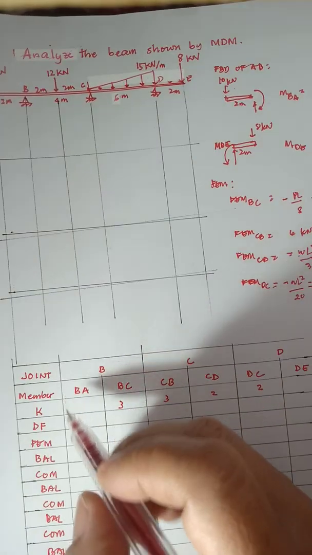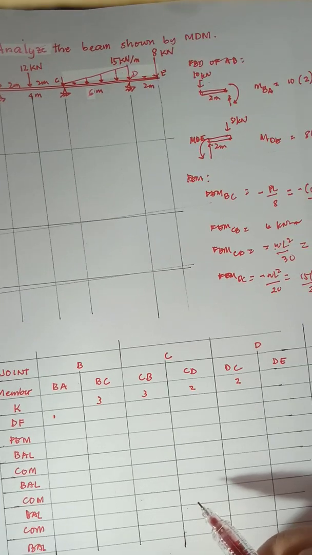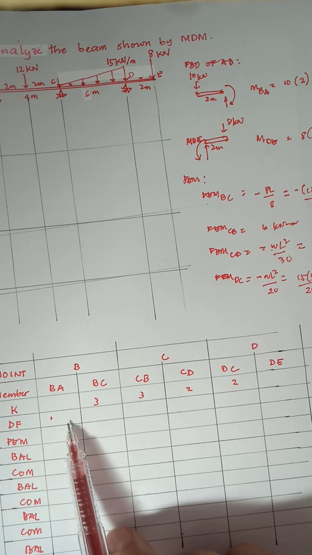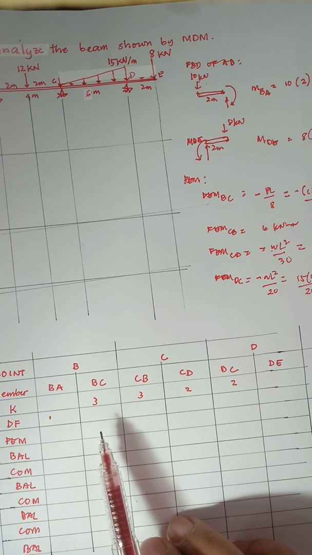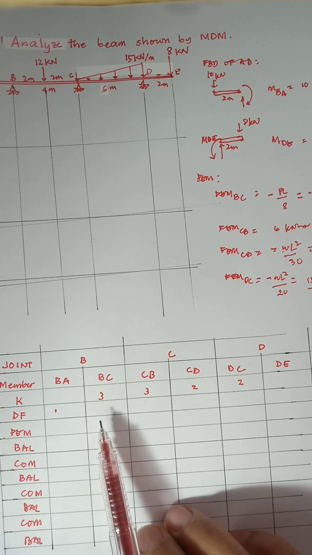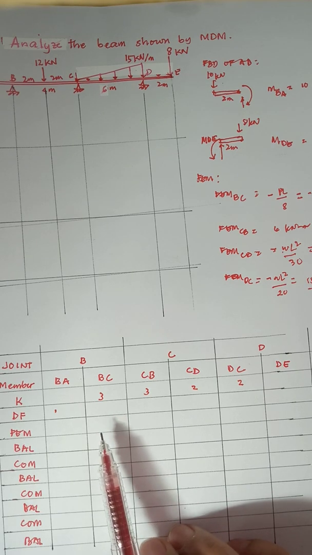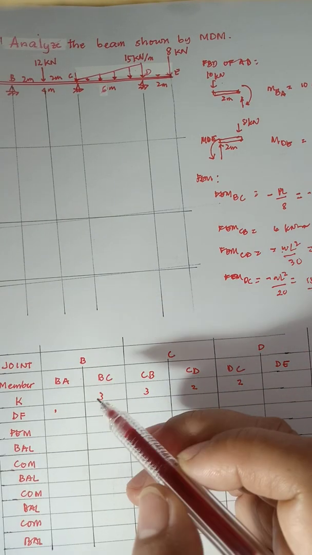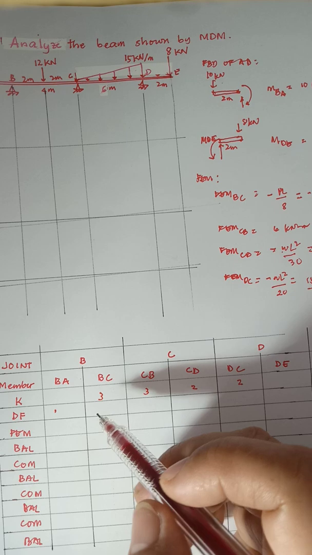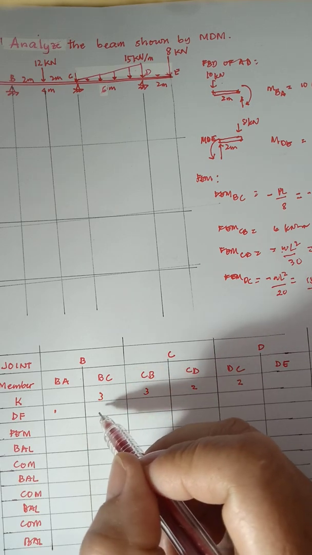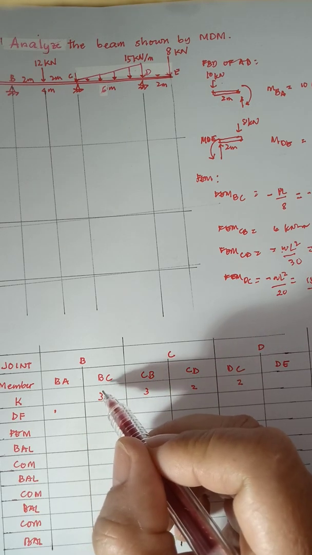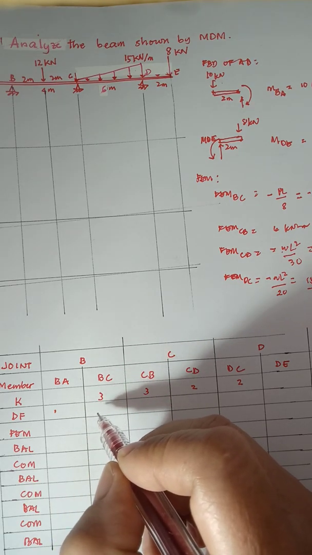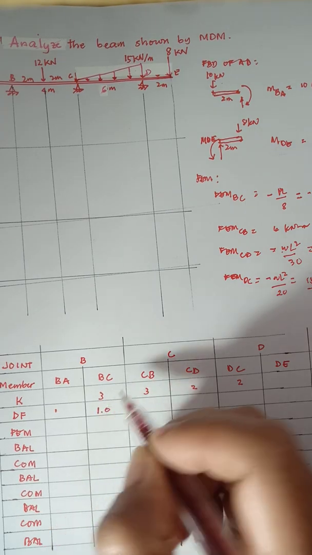So we have to solve first for the distribution factor. Now at joint B, BA is an overhang, so the distribution factor is only on member BC. In BC, you have a pin, so it is considered as one member. So that is K of BC over the summation of K, so it is 1.